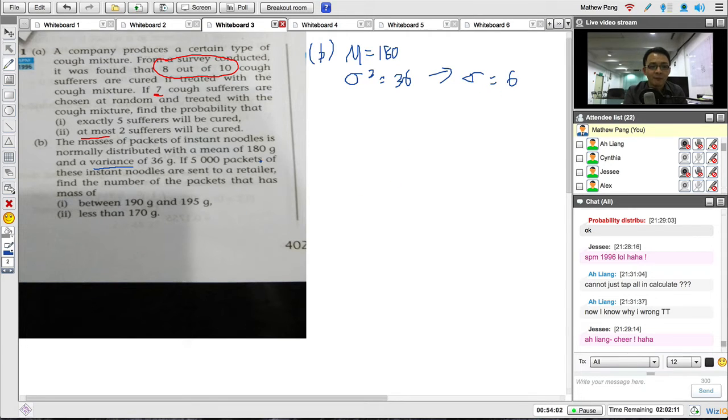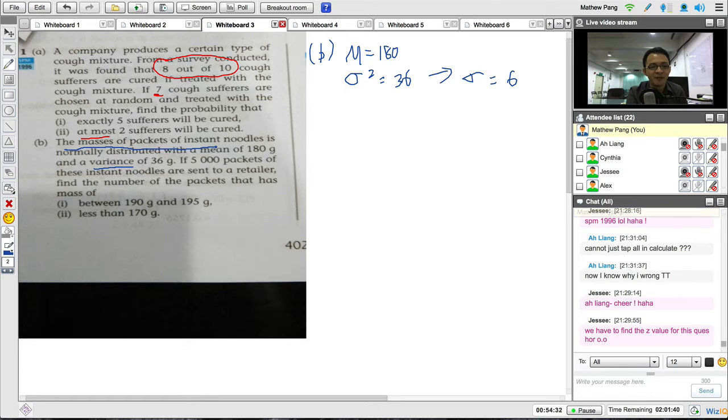If 5,000 packages of this instant noodle are sent to the retailer, find the number of packets that have the mass between 190 and 195 grams. Alright, so over here means what? Normally for this kind of question, the first thing I do is I will copy the first sentence, because the first sentence somehow is important for me.